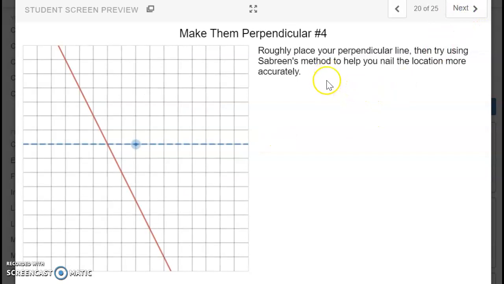Roughly place your perpendicular line, then try using Sabrina's method to help you nail the location more accurately. In this case, the rise is 2, run is 1. So I want the run and rise to be the opposite. The rise was 2, so I want the run to be 2. The run was 1, so I want the rise to be 1, and here we go.